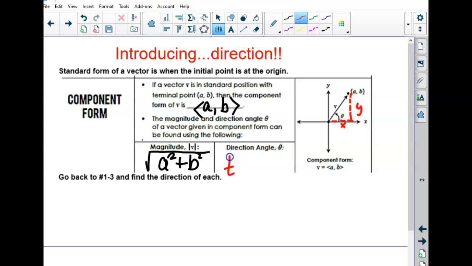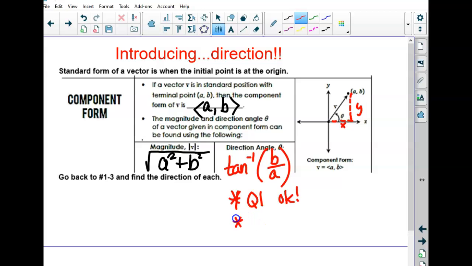So we could use tangent, inverse tangent of, and it's the y over the x, but from up here, it's b and a, okay? So it's always the inverse tangent of b over a. Now, the problem with this is that the calculator gets it wrong part of the time. If it's a quadrant 1 angle, in other words, you want right and positive, the calculator will do it correctly.